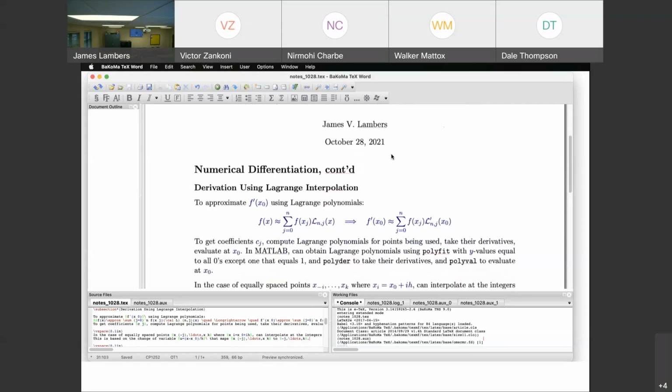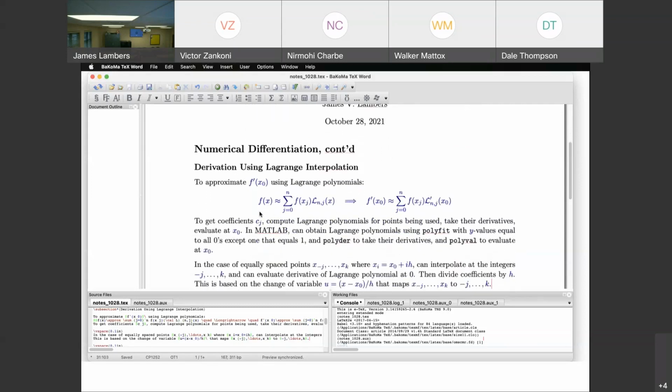So the idea is that if we're approximating f of x by its interpolating polynomial in Lagrange form, where we've selected certain x values, xj, as interpolation points, then the approximation of a derivative is the derivative of the approximation. What I mean by that is to approximate f prime at x naught, we'll take this Lagrange polynomial and take its derivative and evaluate it at x naught.